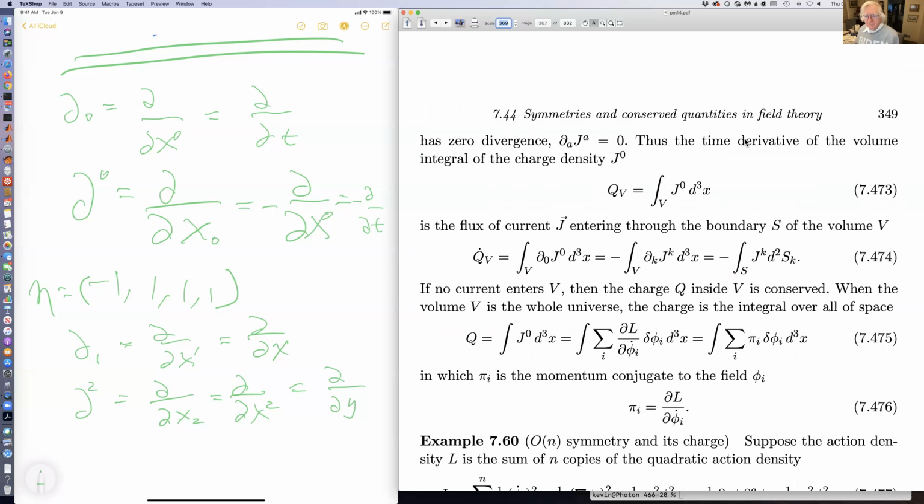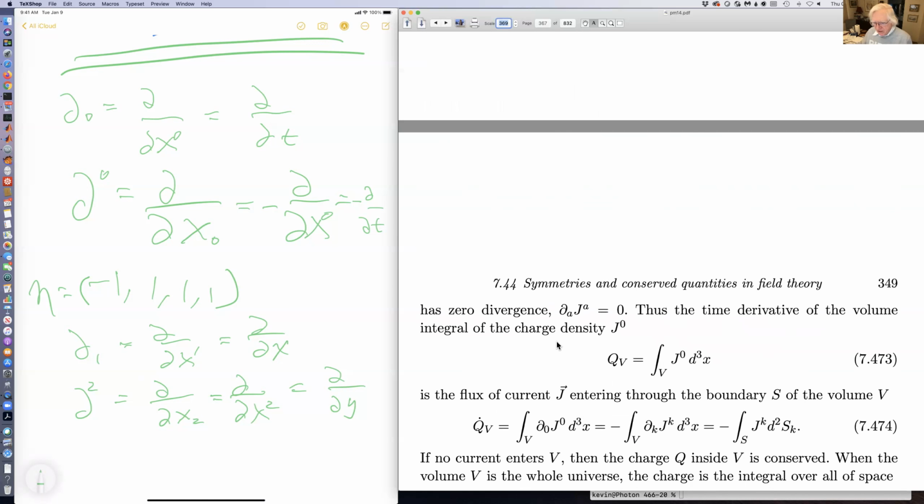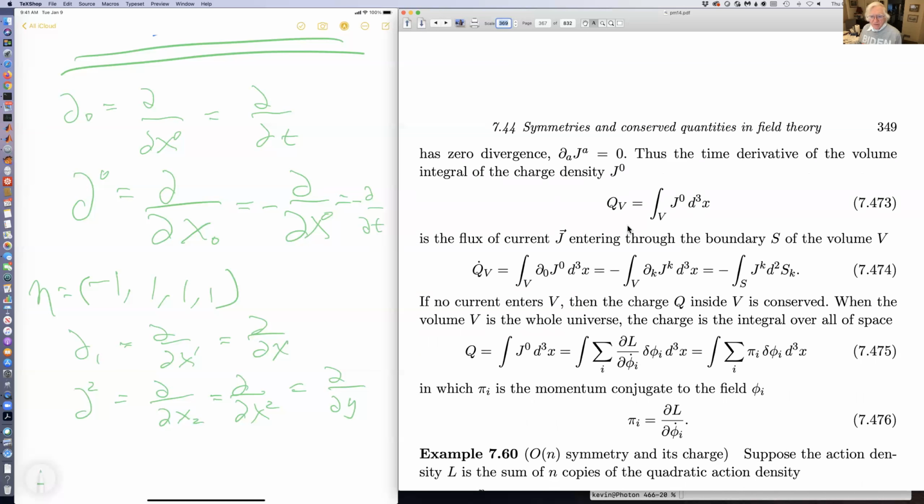And the reason why this gives us something that's conserved, well, what is conserved? What's conserved is the volume integral of the charge density. I'm speaking very generally here. This needn't be electric charge. Whatever J0 is, we call it the charge density, in a particular volume.